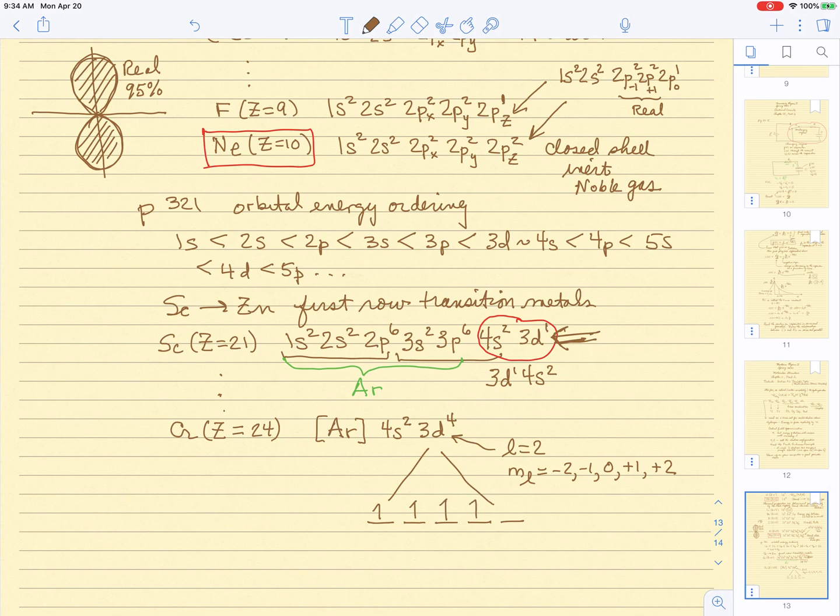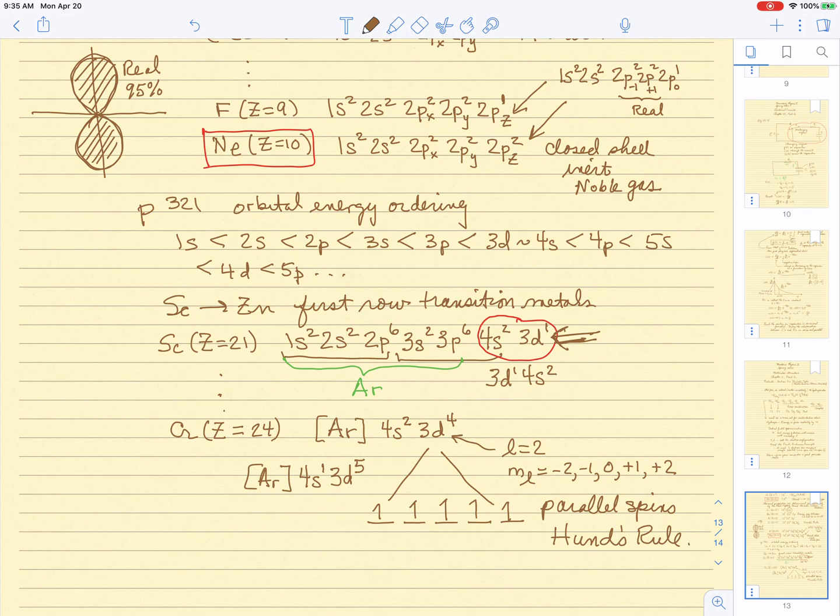But we have this empty d orbital here. And again, remember about electron repulsion being minimized by separating the electrons. So what happens here is that chromium is actually an argon core of 4s1, 3d5. It puts an electron in that last d orbital, and they all have parallel spins. This is another example of Hund's rule.